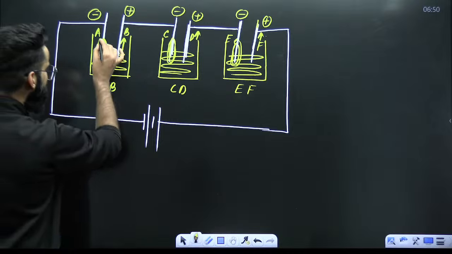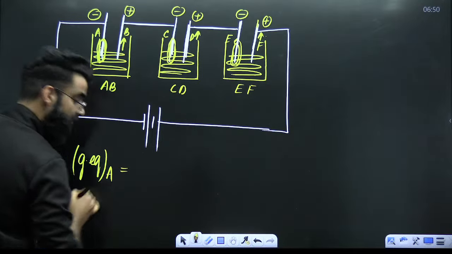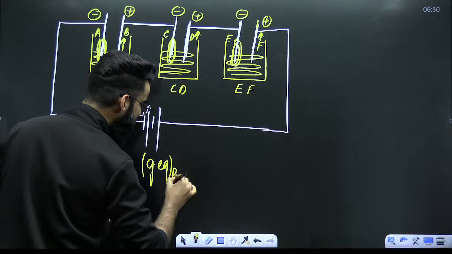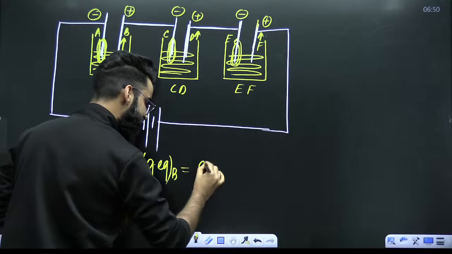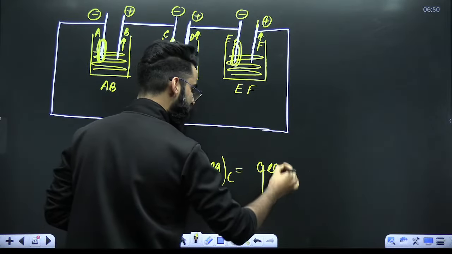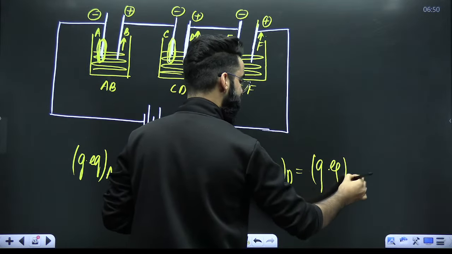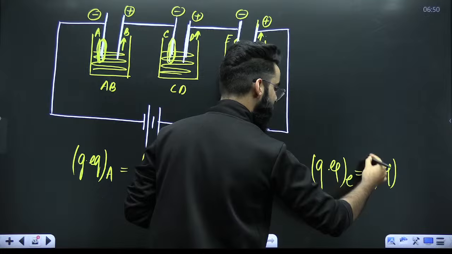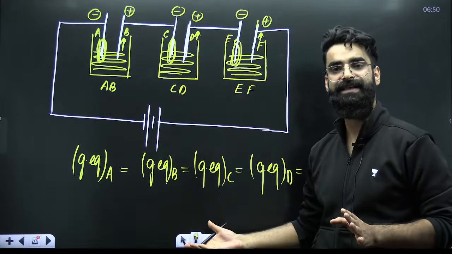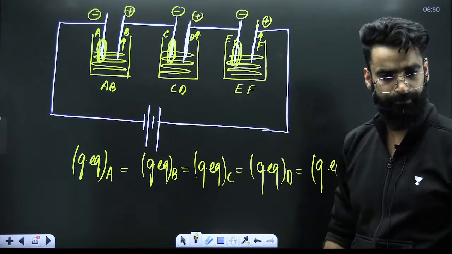That means the gram equivalence of A deposited at the first electrode will be the same as the gram equivalence of B liberated at the second electrode, which will be the same as the gram equivalence of C deposited, which will be the same as that of D liberated, which will be the same as that of E, similarly, which will be the same as that of F. Perfect. This is what we call Faraday's second law. Gram equivalence deposited or liberated at every electrode will be the same only.